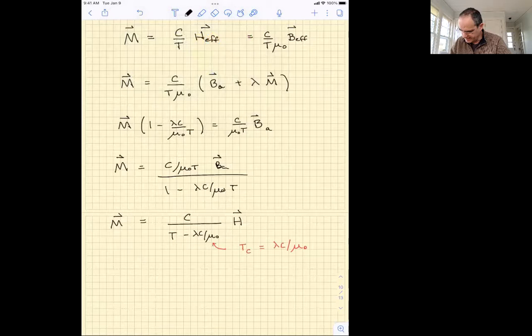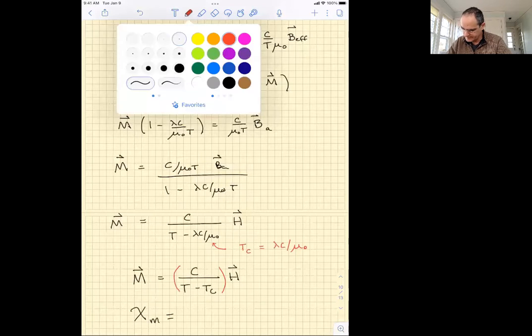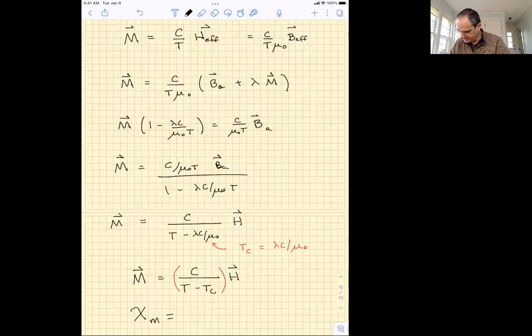Then our formula becomes M equals C divided by T minus Tc times H. So that the magnetic susceptibility, which is the constant of proportionality between M and H, is just C divided by T minus Tc.